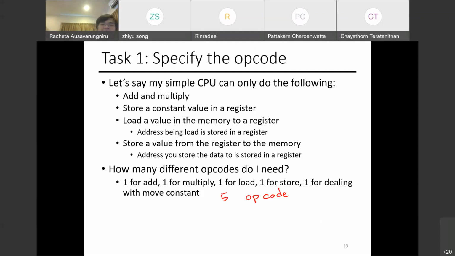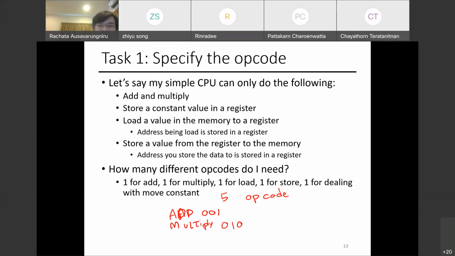Can someone give me a bit pattern for an add? It can be any number, just 3 bits. Okay, let's do add as 0, 0, 1. How about the multiply? 0, 1, 0. So that's 2, right? 2 is 0, 1, 0.